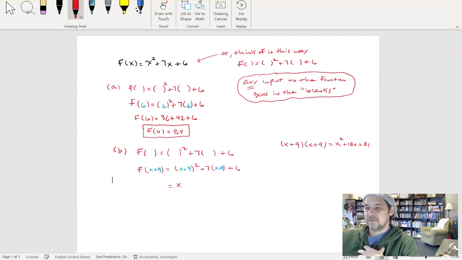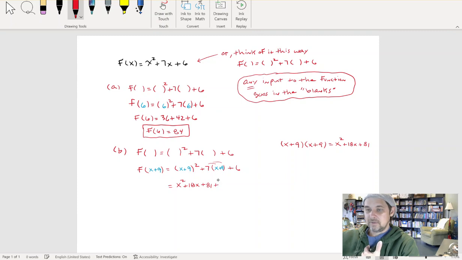So x squared plus 18x plus 81. What about over here? Just like I can multiply 7 times 6, I can multiply 7 times the entire quantity x plus 9. I'll have to distribute it, and everything in there gets multiplied by the 7, but I can do that.